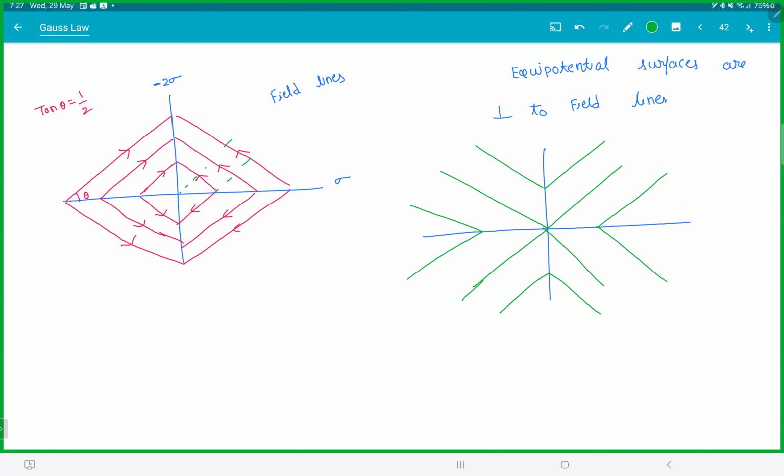You get something like this. Making sense? So this will be perpendicular to these surfaces. These are the equipotential surfaces.